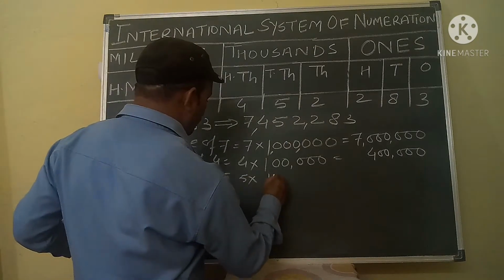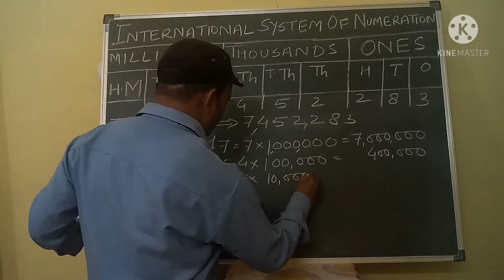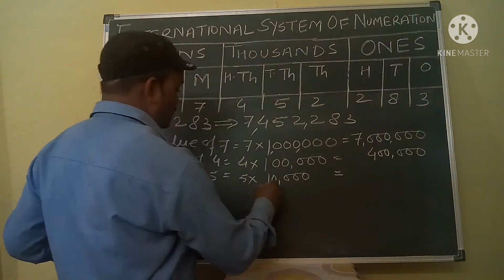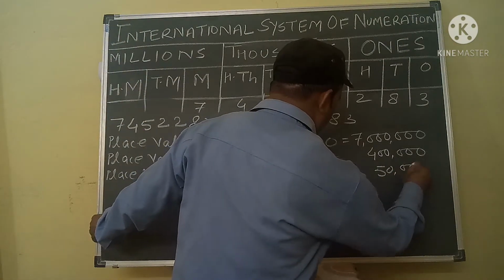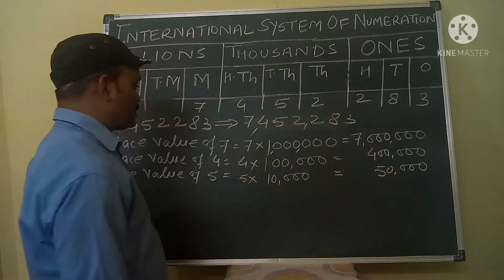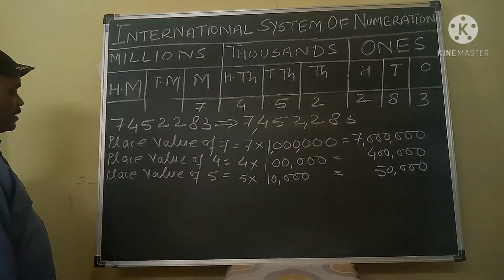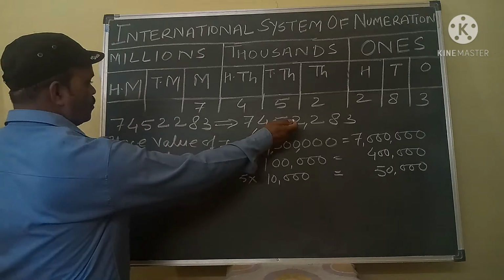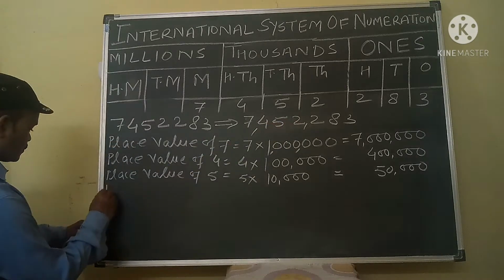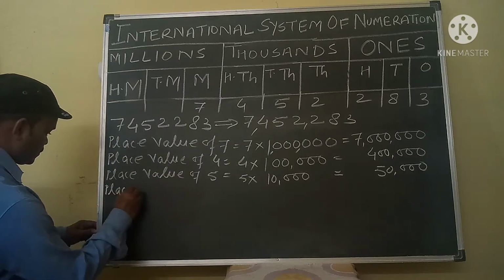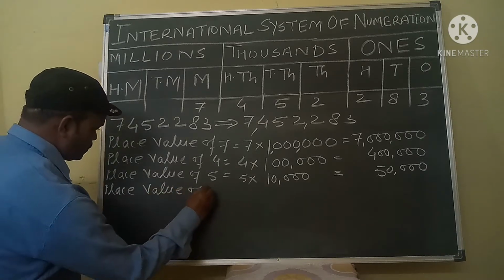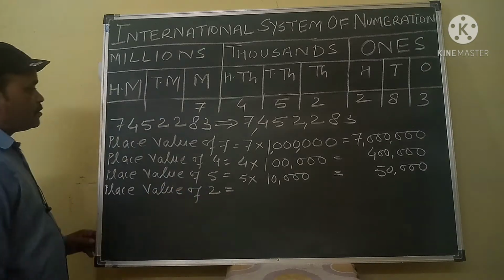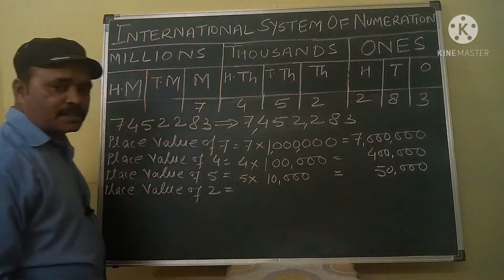So 5 multiplied by 10,000, it will give you 50,000. Okay. Then after, place value of 2. Two is in thousands place.